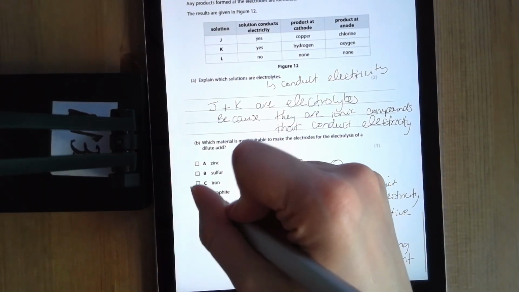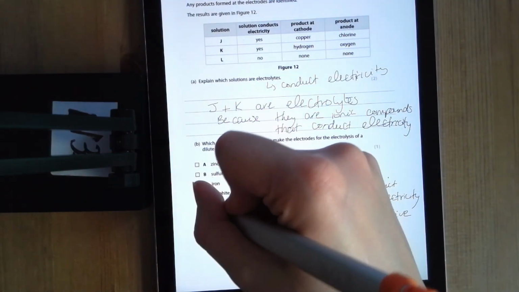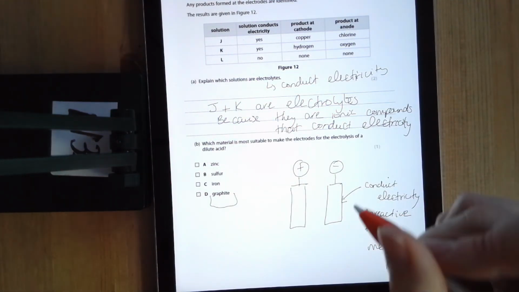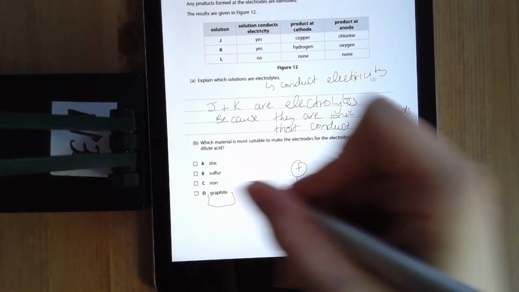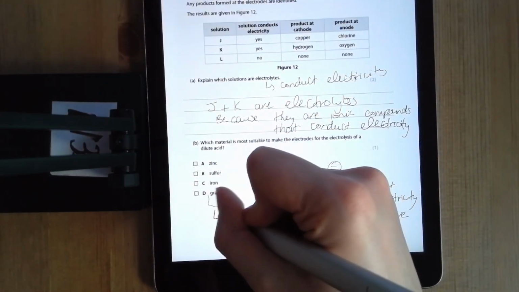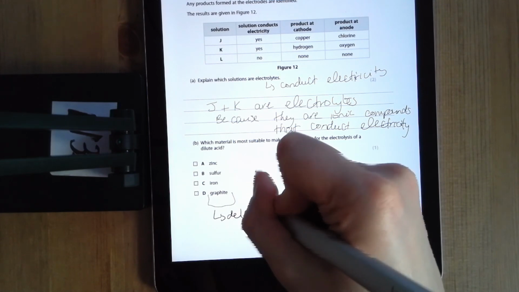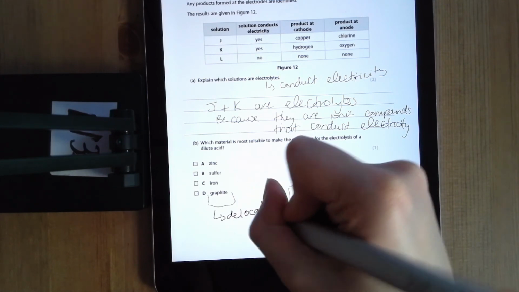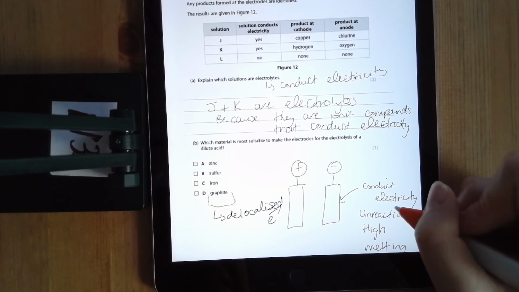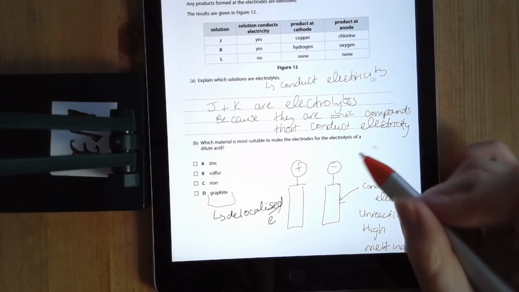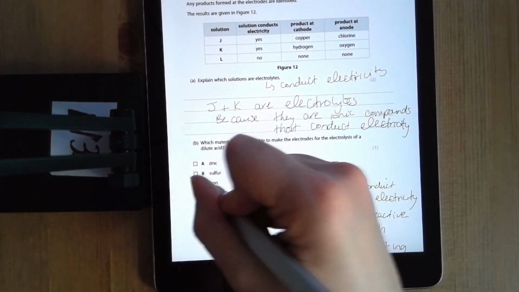And then we've got graphite. Graphite does conduct electricity. Remember, graphite is one of the forms of carbon. It does conduct electricity because it's got delocalized electrons. It's got a very high melting point and it's unreactive. It's what you find at the end of your pencil. So it's very, very unreactive. So your answer is going to be graphite.